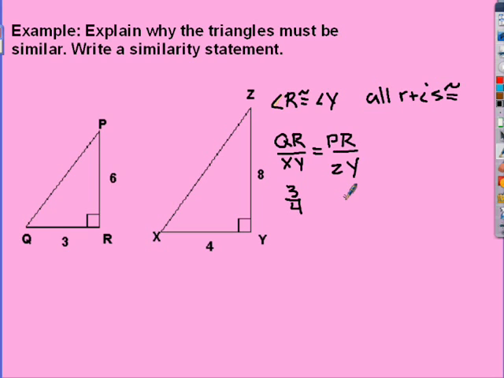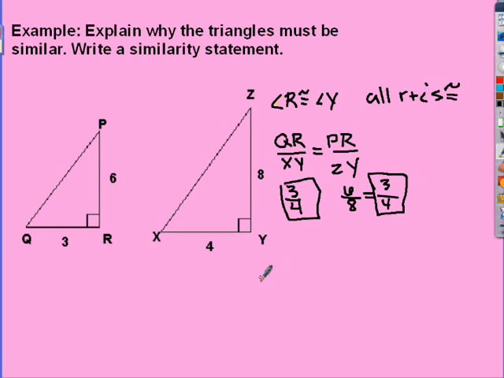And what's the ratio here? 6 over 8. And then we could divide each one by 2, so again we get 3/4. So the angles are congruent, and the sides that include the angles are proportional, 3/4, 3/4.